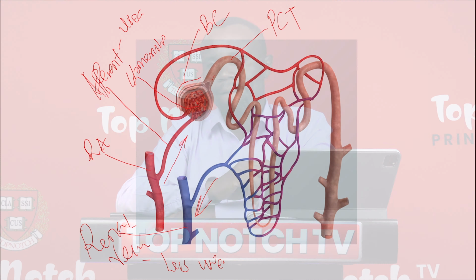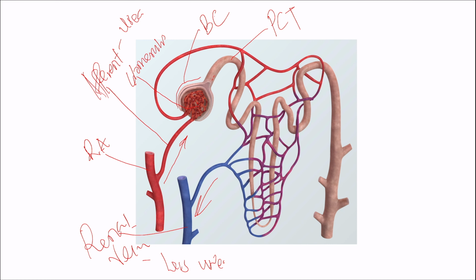From the Bowman's capsule, we have the coiled tubes, which form the proximal convoluted tubule. From the proximal convoluted tubule, we'll have the U-shaped loop of Henle, then the coiled portion, the distal convoluted tubule, then the collecting tubules.